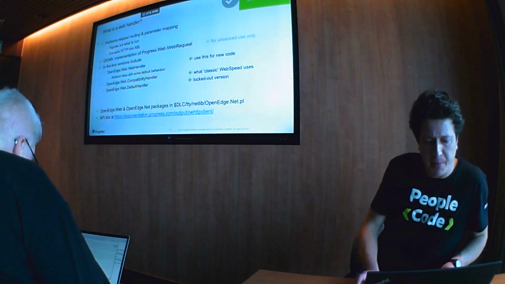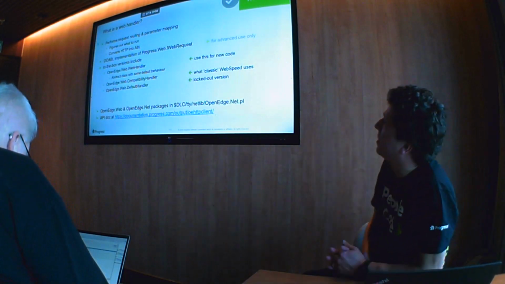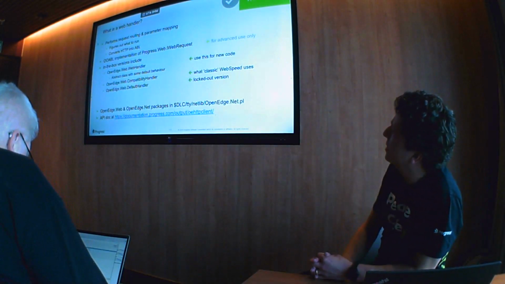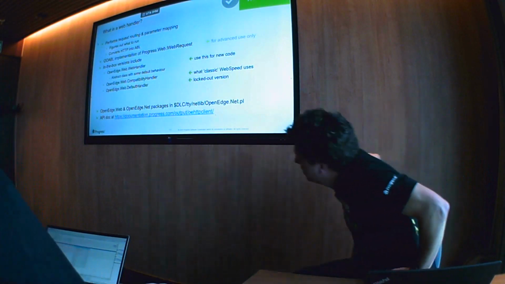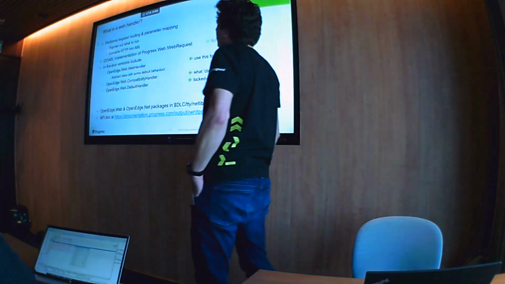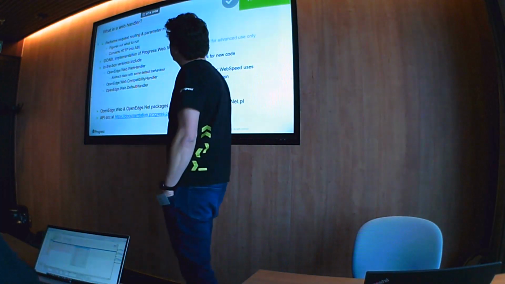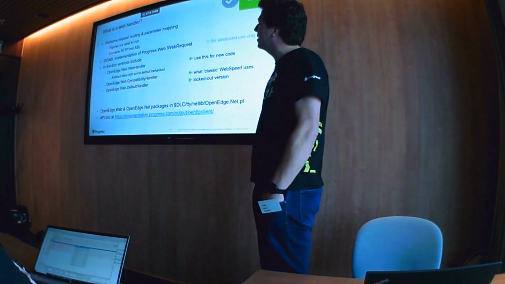So what is a web handler? I think I sort of already explained it. It converts HTTP into ABL, figures out what to run, and performs request routing and parameter mapping.